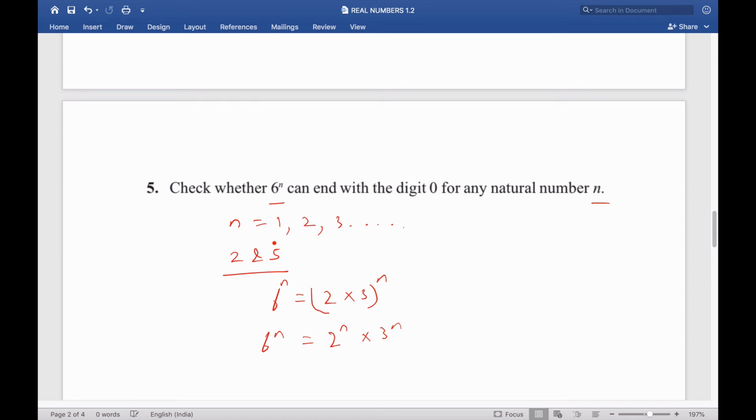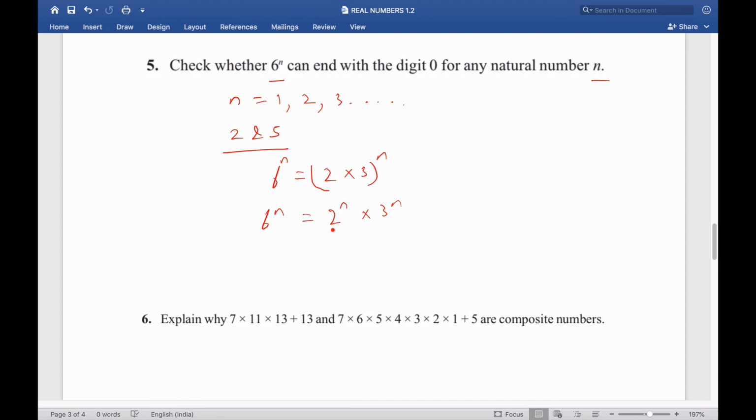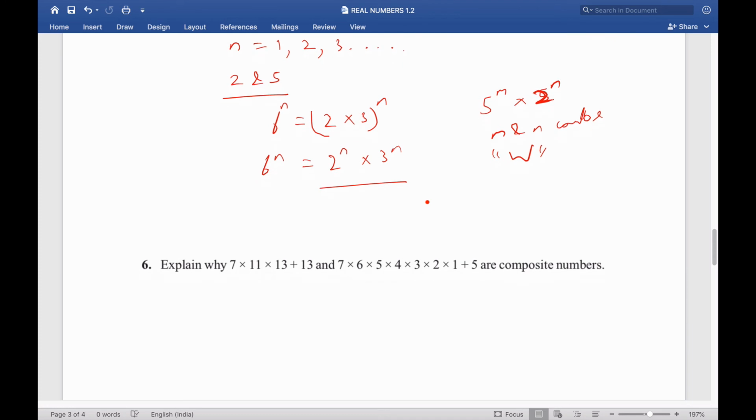It is not of the form 2 into 5, so there is no possibility that it will be ending with a 0, because to end with a 0 we have learned it must be of the form 2 raised to power m into 5 raised to power n, where m and n can be whole numbers, right? So it will not give me a number which is ending with 0.